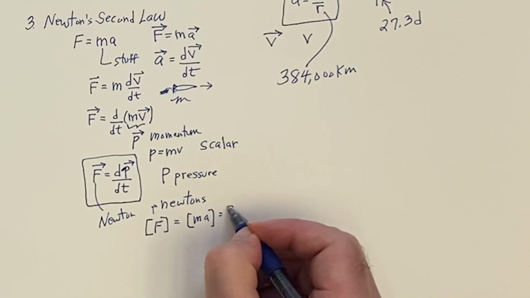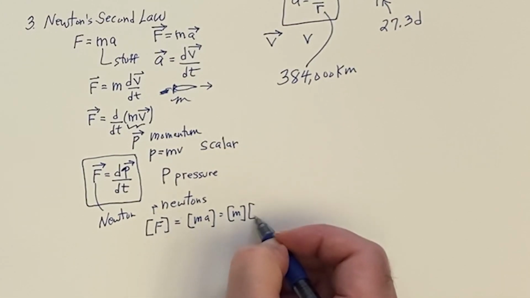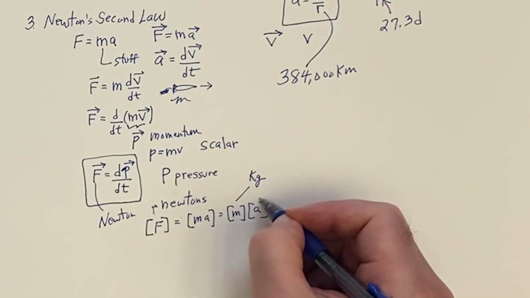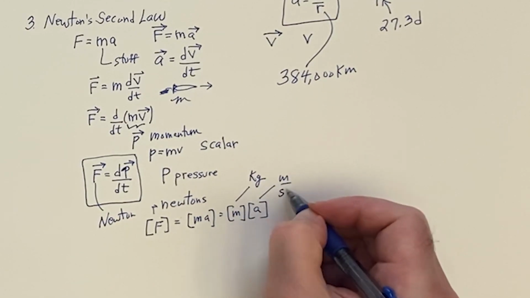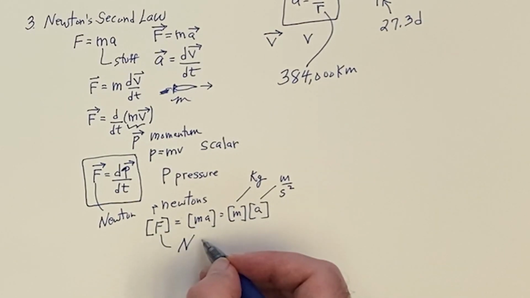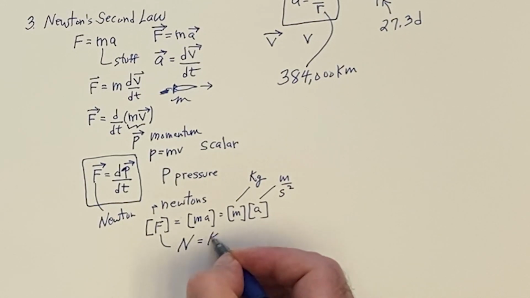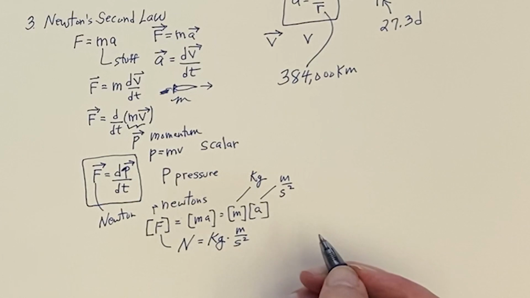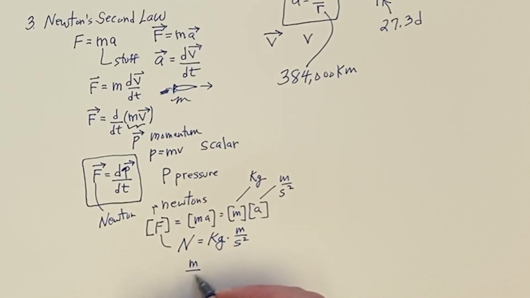So we take the units of the mass times the units of a. This is in kilograms, and this is in meters per second squared. So therefore you can write down a newton, and they do capitalize it when they make the abbreviation, N is equal to kilogram times meter per second squared. But this means that meter per second squared is equal to newton over a kilogram.